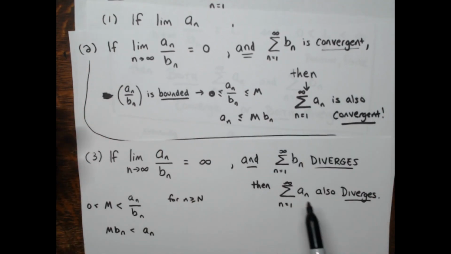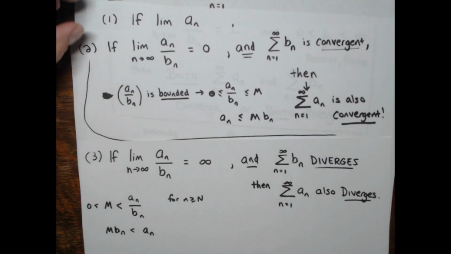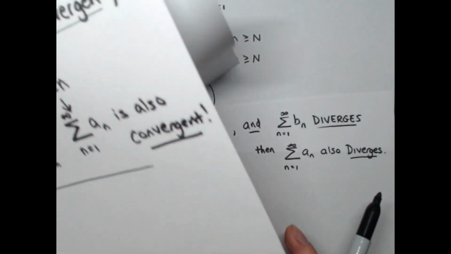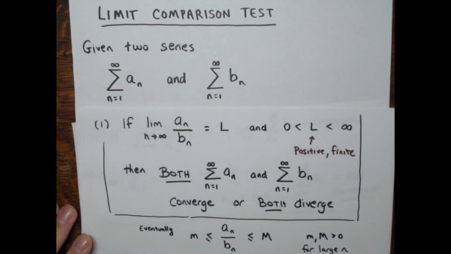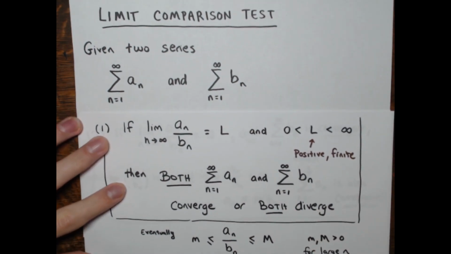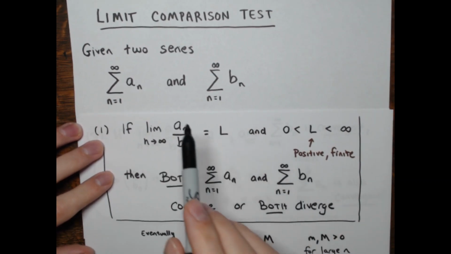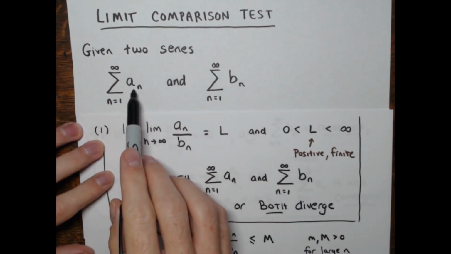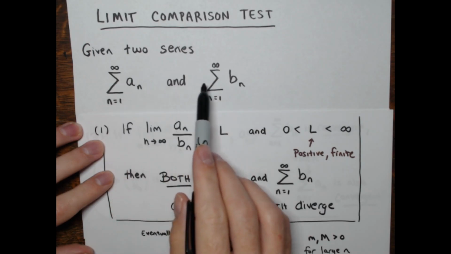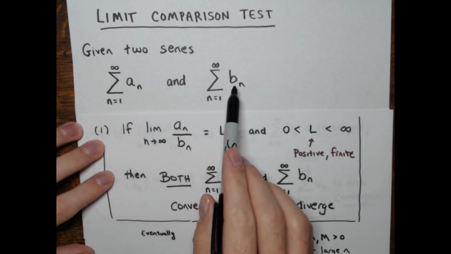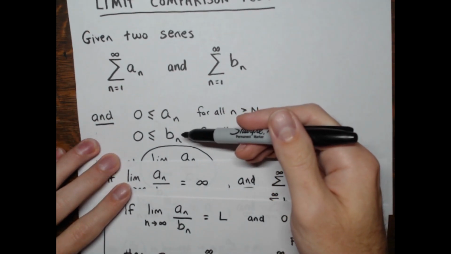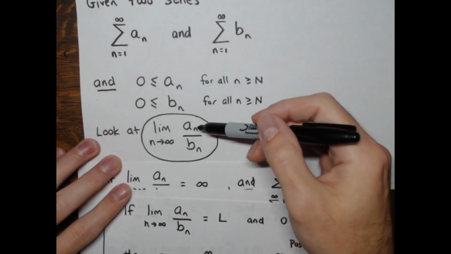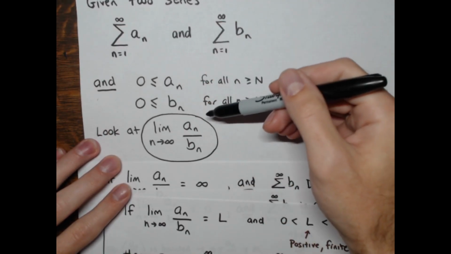There's only one scenario where you can make a valid conclusion. All right, so I'm going to recap this one more time. I know you can go back in the video and look at it again, but let me just recap this and then we'll get to our first example. Given two series, the infinite series of terms of some sequence A and the infinite series of terms of some sequence B, and they're eventually non-negative, we look at the limit of the ratios of the sequence terms.